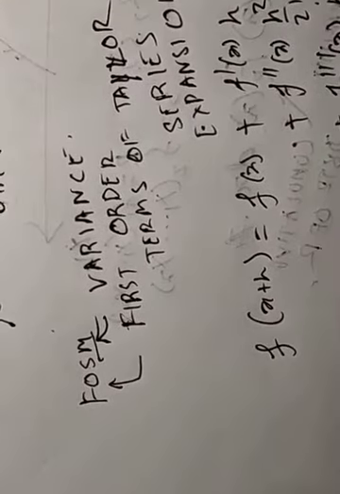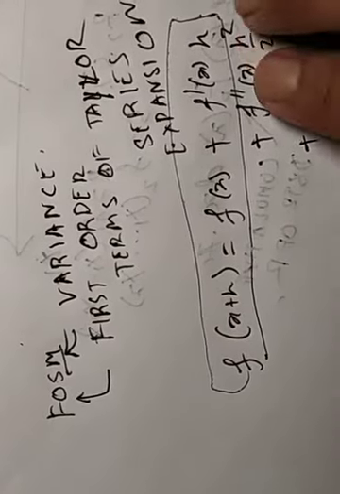But when we are calculating derivatives for our FOSM, we will be using only the first order terms. We won't be using it directly, but in order to calculate the coefficients, we will be using derivatives which are actually derived from the first order terms of our Taylor series expansion.